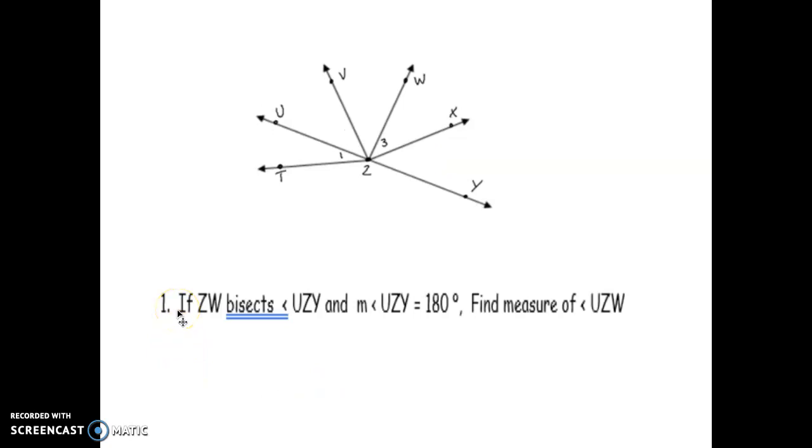All right, so let's take a look at number 1, and I'm going to help you identify the information in the picture by highlighting. So ZW is a bisector. ZW bisects UZY. So let's start there. ZW is my bisector, right? So here's my ZW. It is going to be exactly in the middle of UZY, remember, that's what a bisector does.